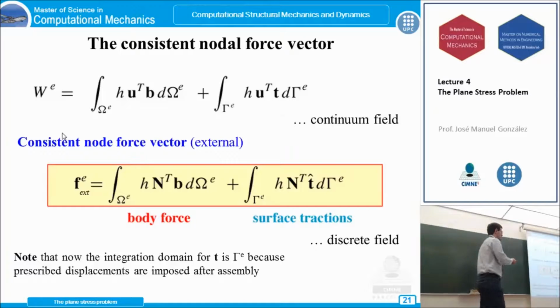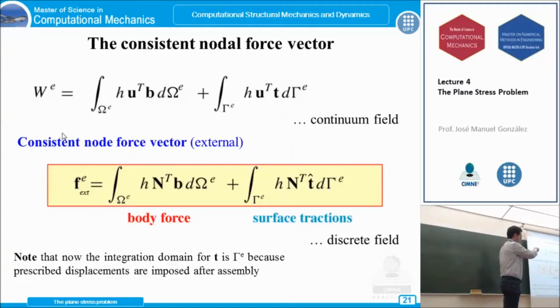Now, the point is that we have body forces and traction forces. This is the continuum expression for the external work, but now we have discretized these expressions. These displacement functions are expressed as a matrix, shape function matrix times body force. This body force is a vector. Traction, same thing.